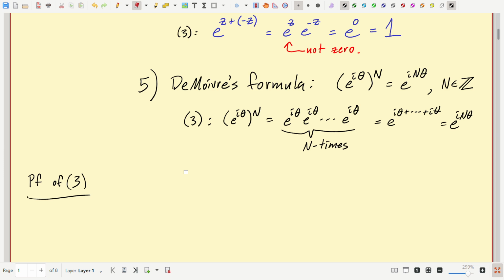Let's call this step 1. Step 1 is to check that e to the i alpha plus beta is e to the i alpha times e to the i beta.